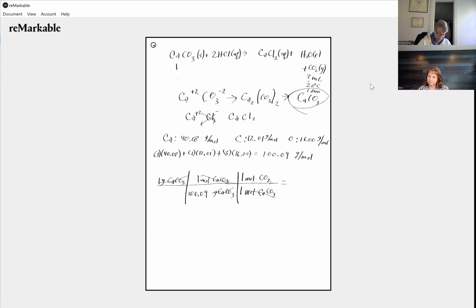Let's say it's 1.00 grams for significant figures. Which makes sense. We're very close to 0.01 moles because calcium carbonate is very close to being 100 grams per mole. So that makes sense. Now we have moles.